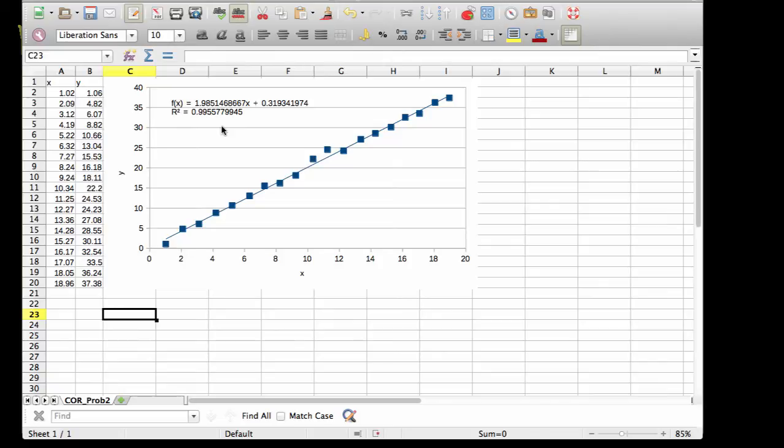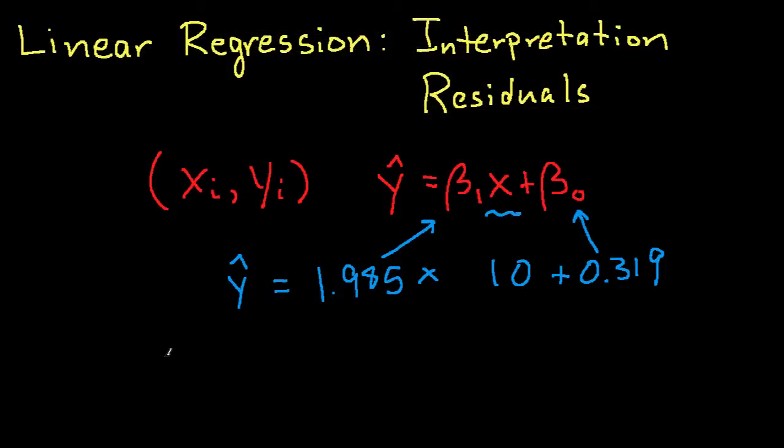I can assess the validity of my linear regression model by creating what's called a residual plot, and I do that as follows. For each x value, I create a value y hat i, which is the predicted value, so that's beta 1 x i plus beta 0.